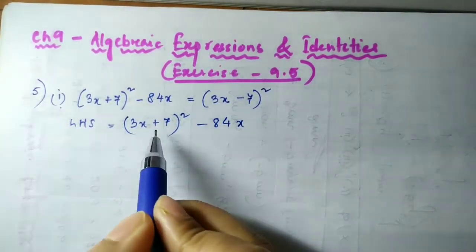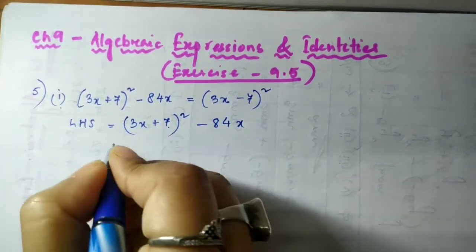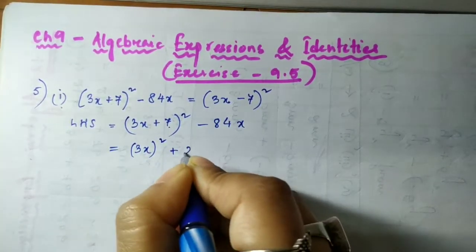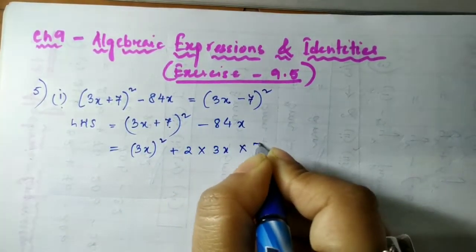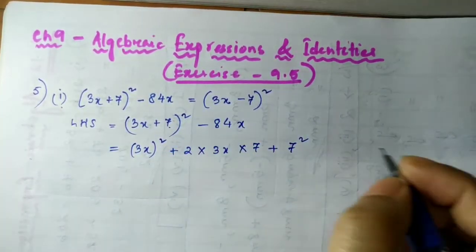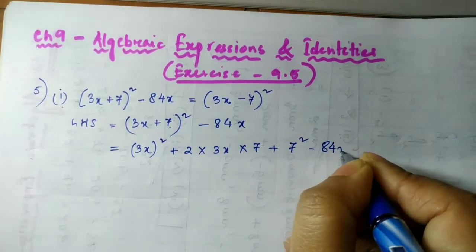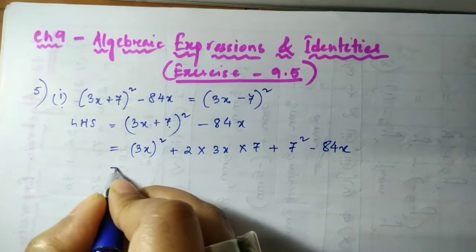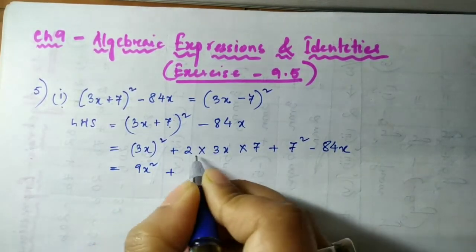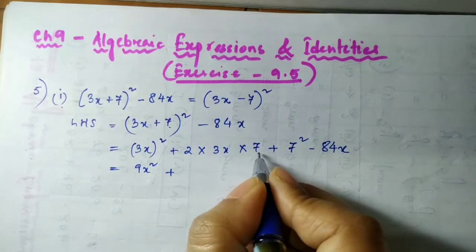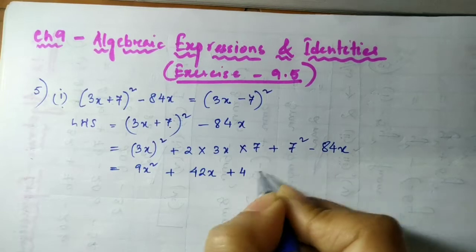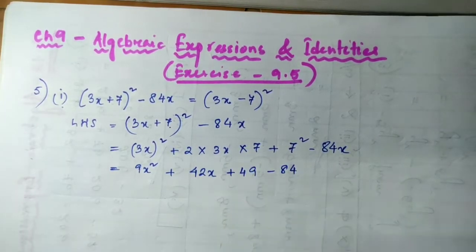Okay, now you can see this is in the form (a + b)². So this is my a, this is my b. So a² + 2ab + b², and then minus 84x. We'll just write down this way. Now 3x into 3x will be equal to 9x² plus 2 × 3 × 7, that is 42x, plus 49 because 7 sevens are 49, minus 84x.